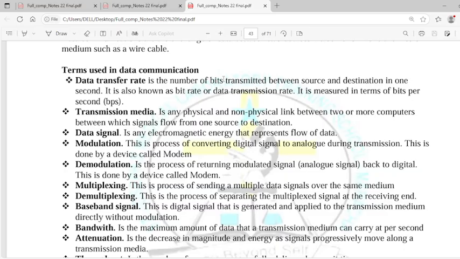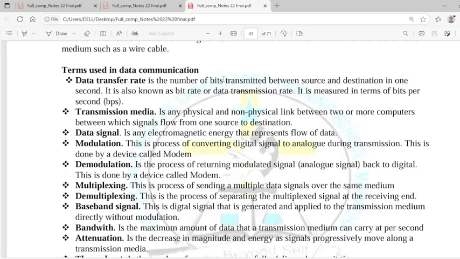When the number of bits transmitted is small, meaning the amount of data transmitted is small, then the transfer rate is lower. So the higher the transfer rate, the faster the speed in the communication.